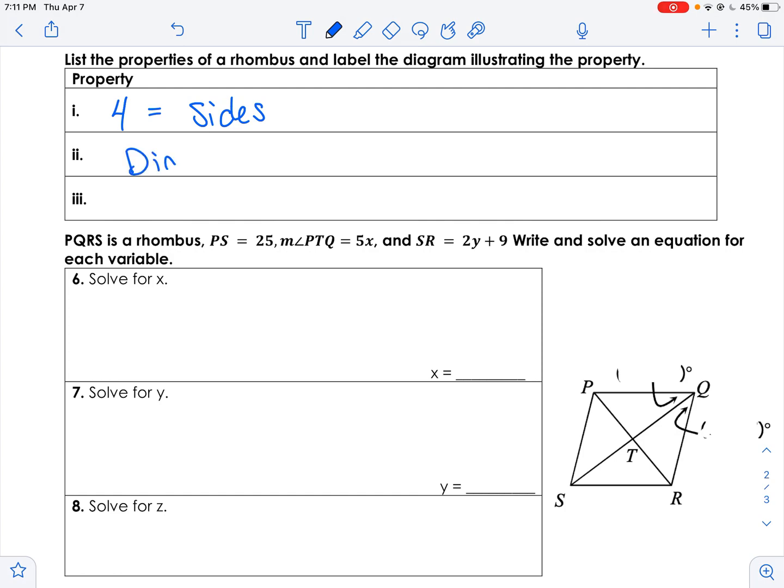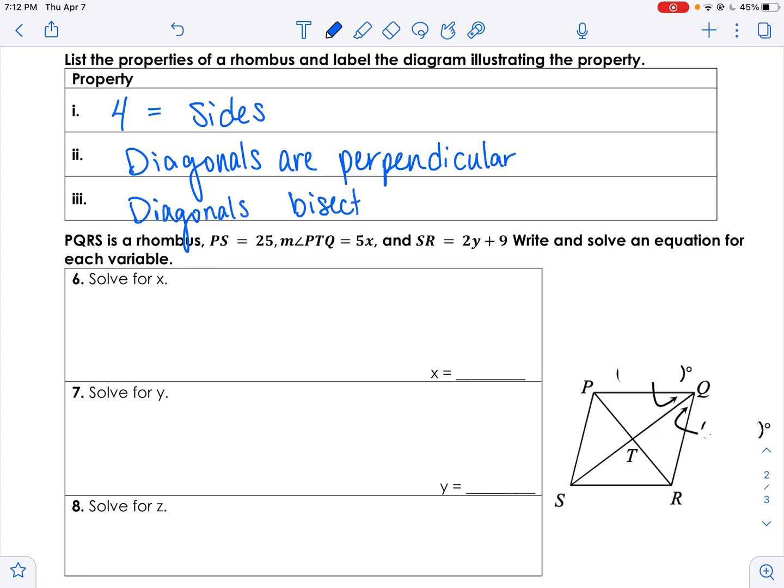You have the diagonals form a right angle. They're perpendicular. And those same diagonals bisect the angles. They cut those corners in half.